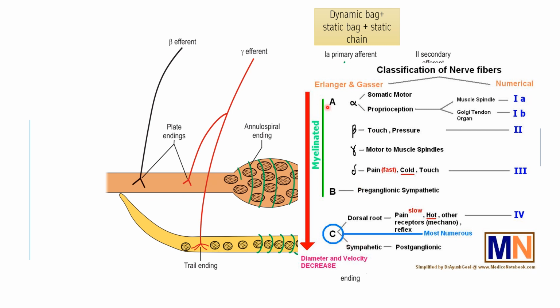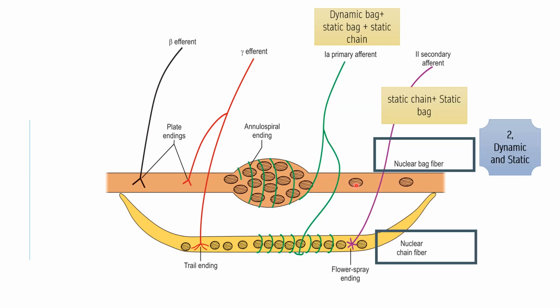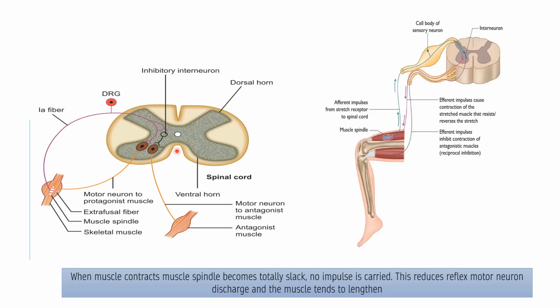This A fiber was further subdivided into A alpha, A beta, A gamma and A delta according to their diameter and the nerve conduction velocity. Here we can see that these A alpha fibers are denoted as 1A, whereas these A beta sensory fibers are denoted as type 2. So we can say that these 1A and 2 sensory fibers are named according to their thickness and the nerve conduction velocity. Now how does this stretch reflex happen?